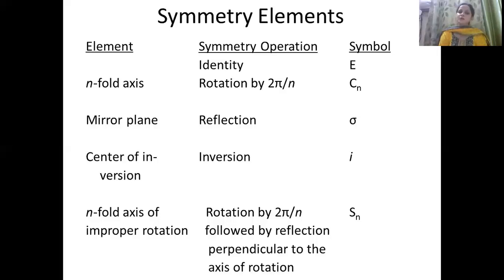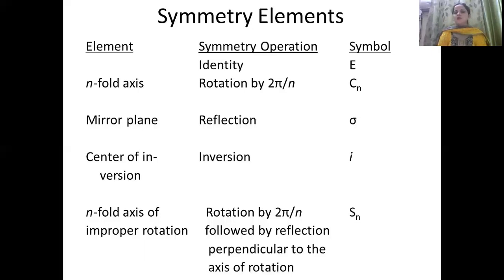The third symmetry element is the mirror plane. What is the mirror plane? It's a small mirror plane which is passing through the molecule, and the image in that mirror plane leaves the molecule unchanged.